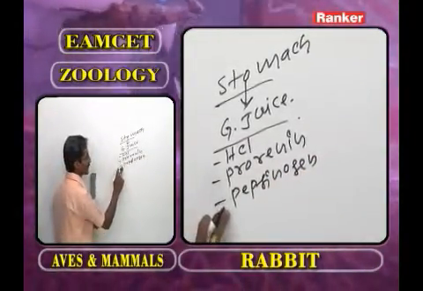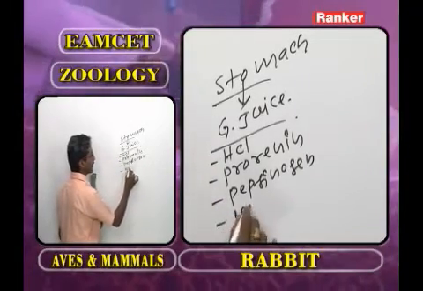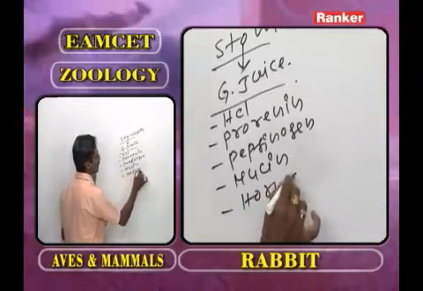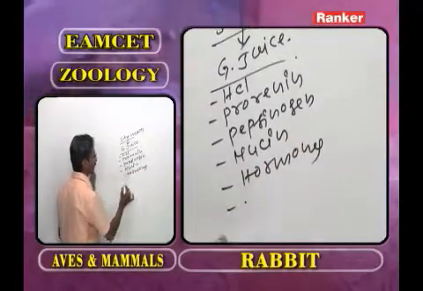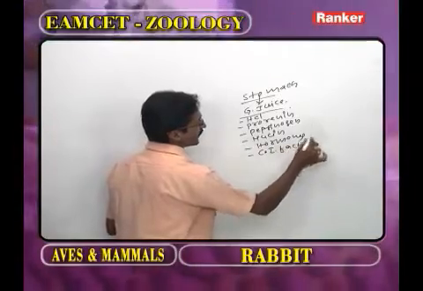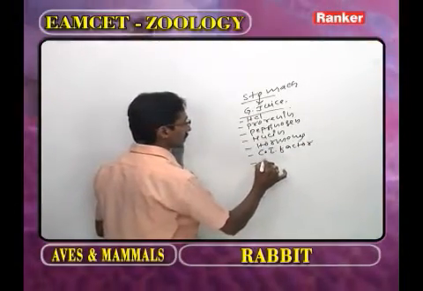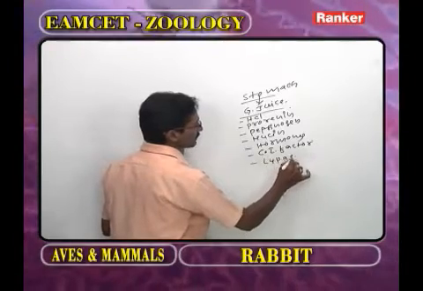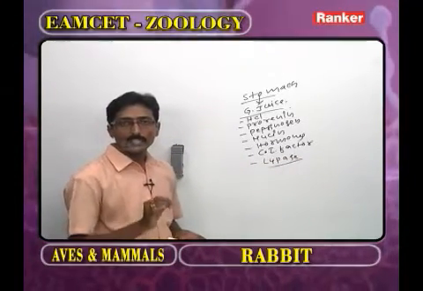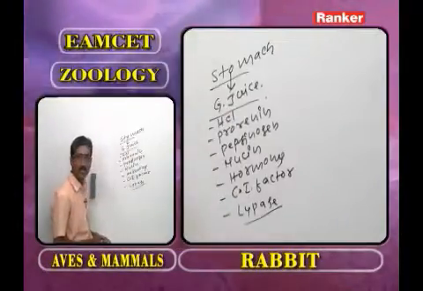It is a proenzyme. Then mucin and different hormones, and next one is Castle's intrinsic factor. In addition, in the gastric juice, what is present? The lipase is present. Here the lipase is called gastric lipase because it is present in the gastric juice.